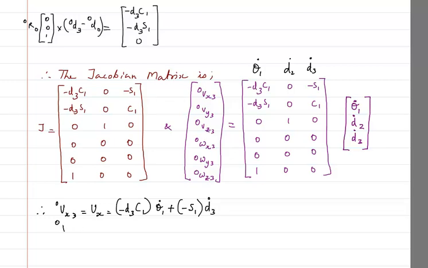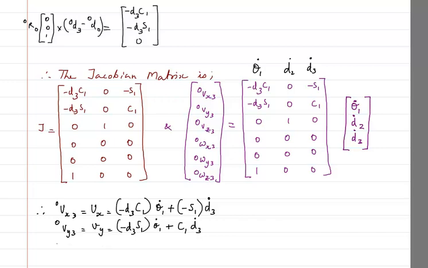Similarly, 0vy3, which can be written as vy, or the velocity of the end effector in the y direction, it will be, as you can see in the equation, multiplying, we will get minus d3 s1 multiplied with theta 1 dot plus c1 into d3 dot.